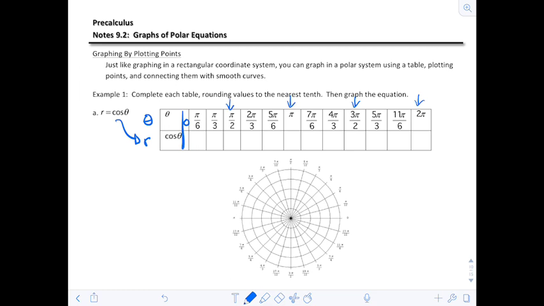So the cosine of pi over 2, remember cosine is related to your x value. So if you're at pi over 2, the cosine of pi over 2 is 0. Actually, let's go back and do 0. If you are at 0 theta, you have not rotated at all. The cosine of 0, your x value, is 1.